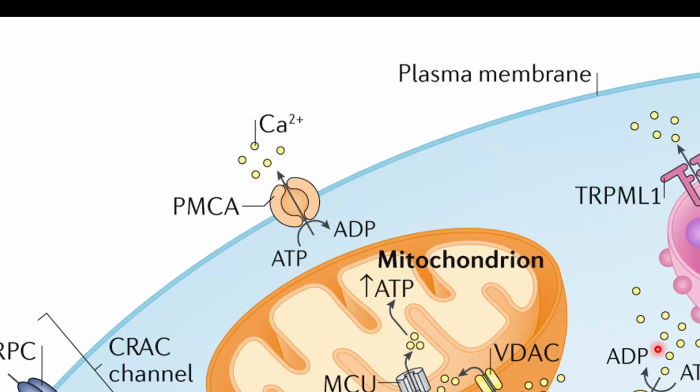Lysosome also requires calcium for many of its functions, and the enzymes require calcium as a cofactor. But the major reservoir of calcium here is in the endoplasmic reticulum through this protein SERCA and other transporters of calcium which are present on the membrane of the endoplasmic reticulum.